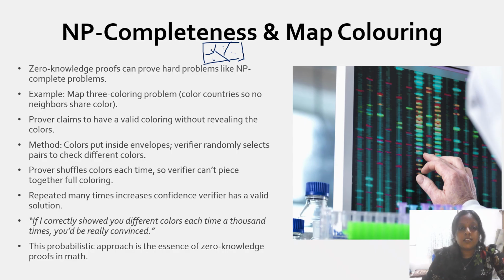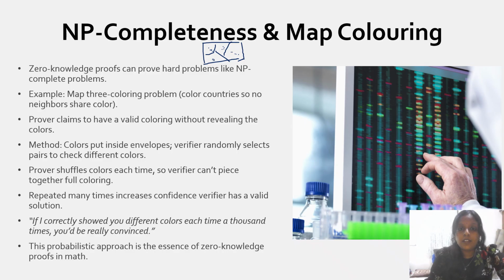So how am I going to use this to prove the zero knowledge proof? I'm the prover now, and you are the verifier. I'm going to keep envelopes filled with the valid colors that are going to be used in each country. The verifier, that is you, will not know what colors I have placed because I have placed them inside a closed envelope for each country. Now I'm going to ask you to pick two random countries and see if the coloring is valid.